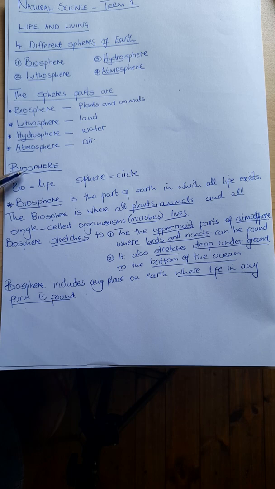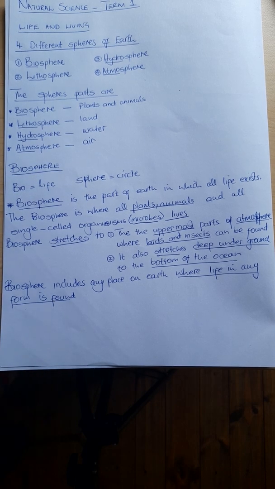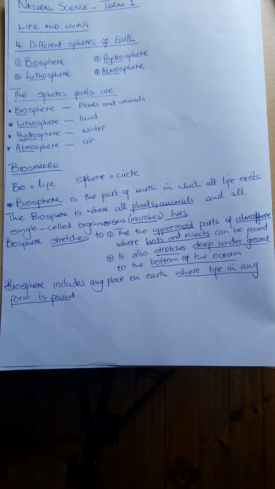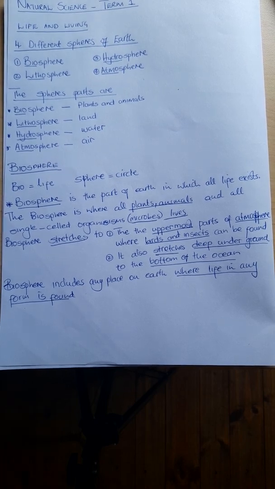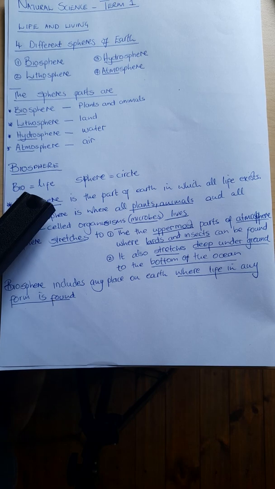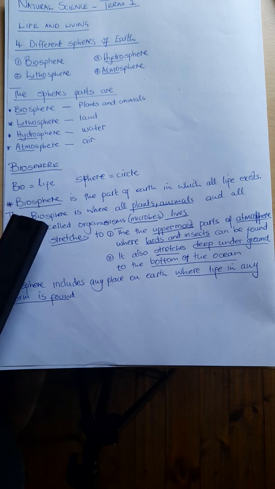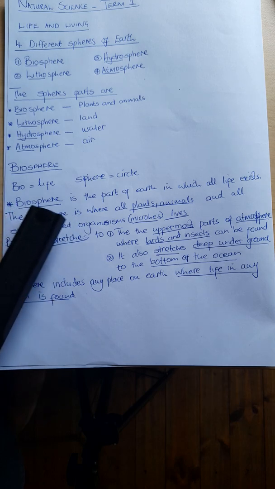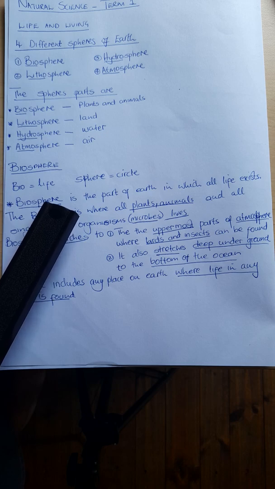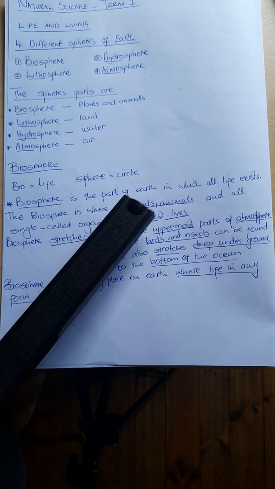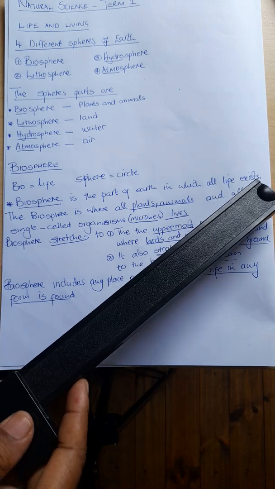We break down the term biosphere to get its meaning. Bio means life, and sphere means circle. If you have to define the biosphere, a biosphere is the part of earth in which all life exists.